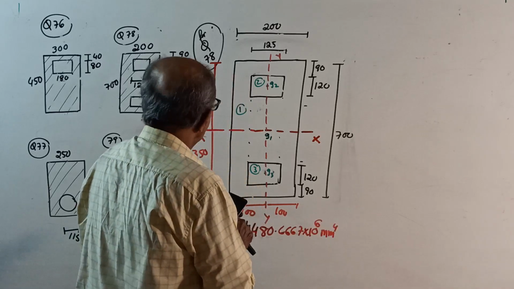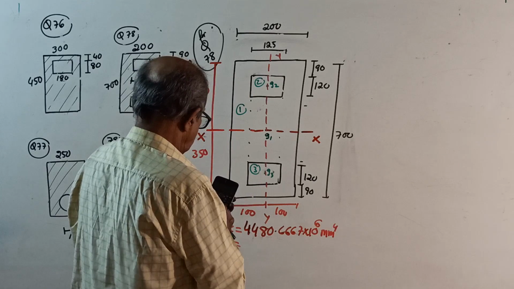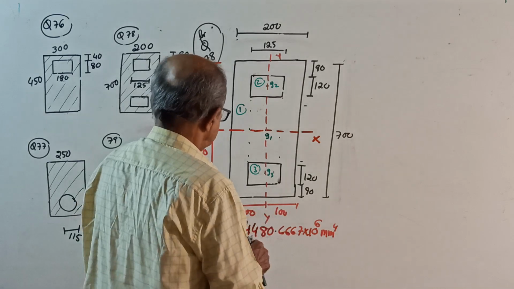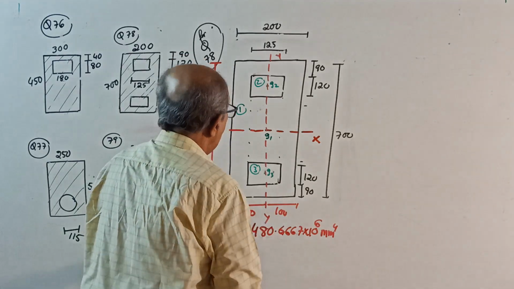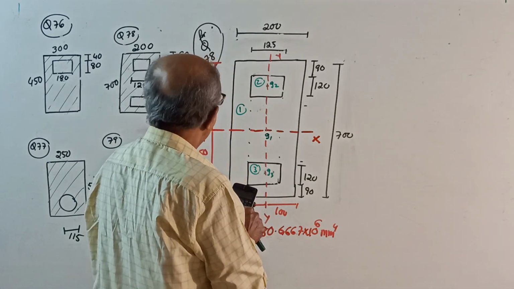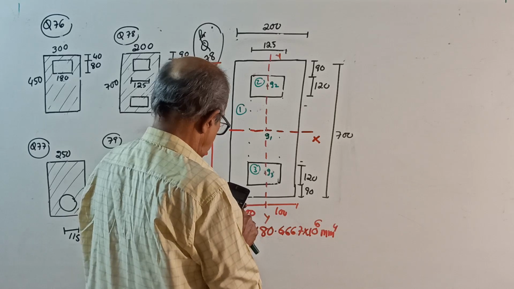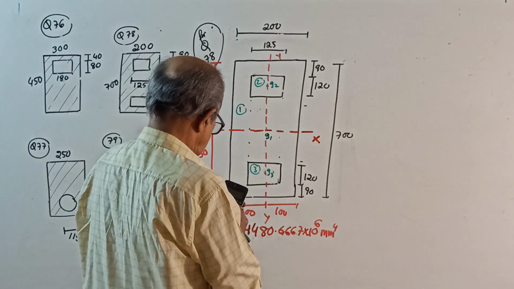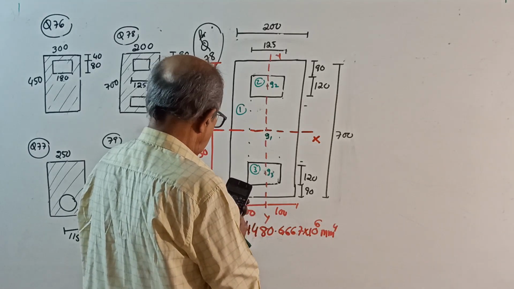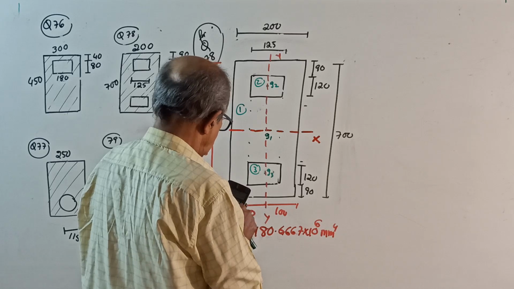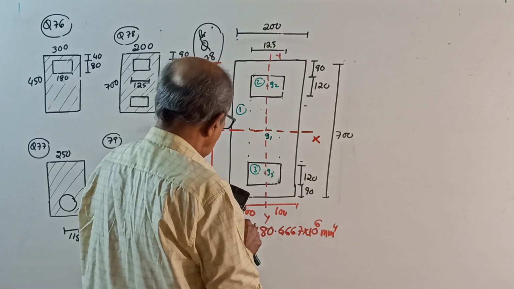One minute now. I got a small check for me. 200 into 700 cube divided by 12 is okay, correct. Now IYY. 125 cube divided by 6 into minus 1, plus 100 into 200 cube divided by 12.